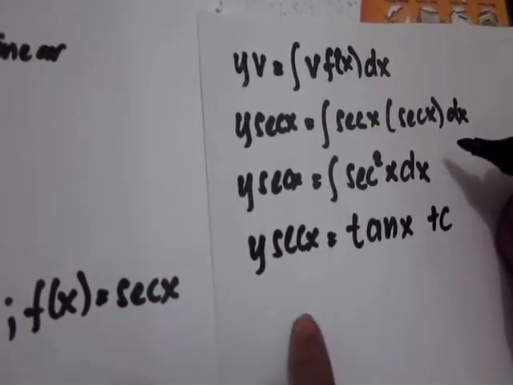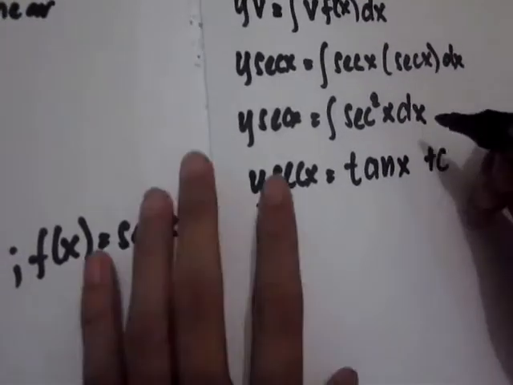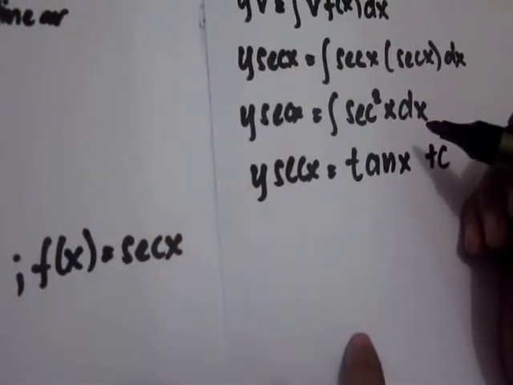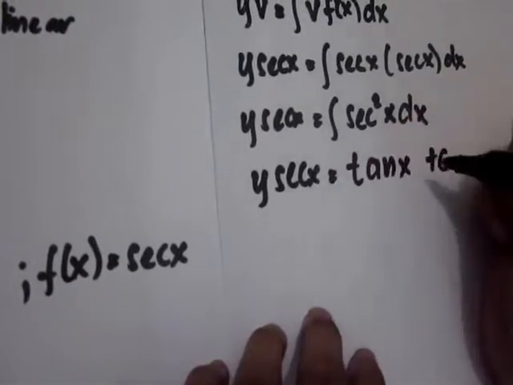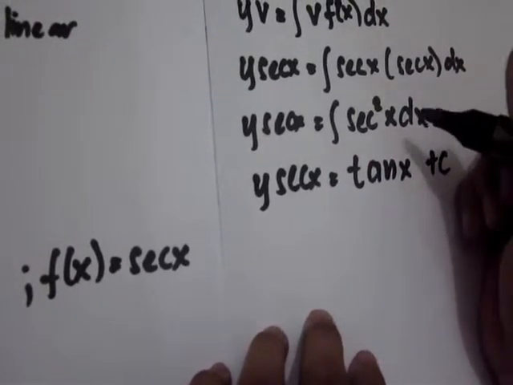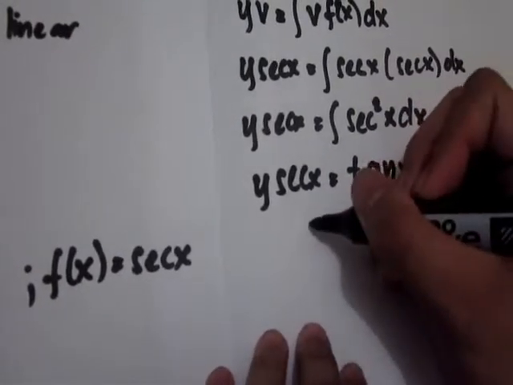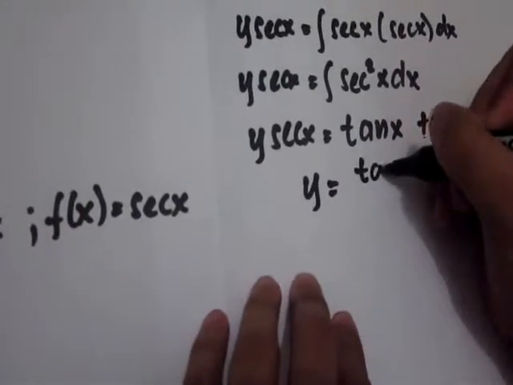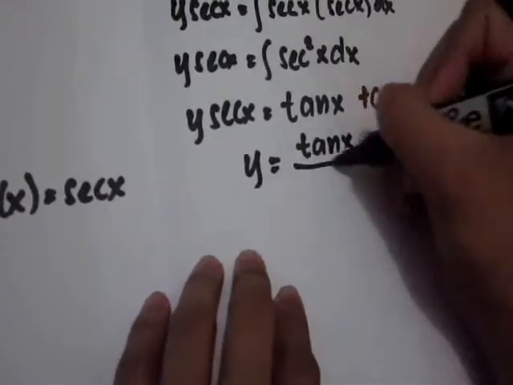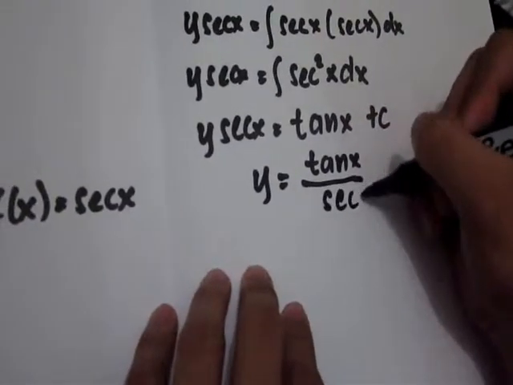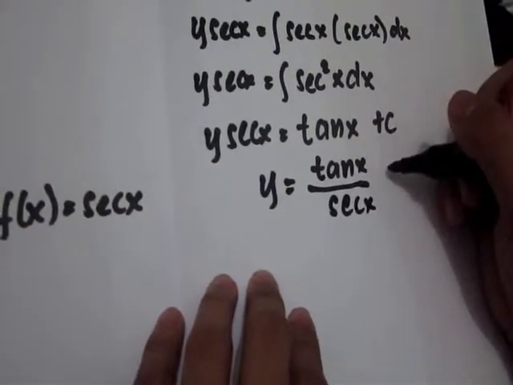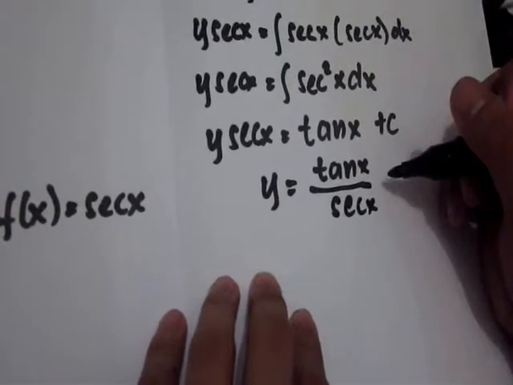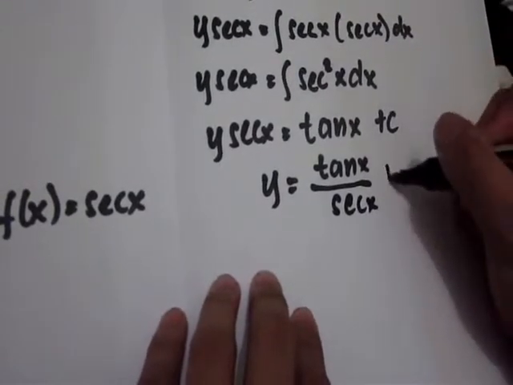Then, further simplifying to be closer to the general solution of this equation, we will divide both sides by secant of x. So this will now become y equals tangent of x over secant of x plus c.